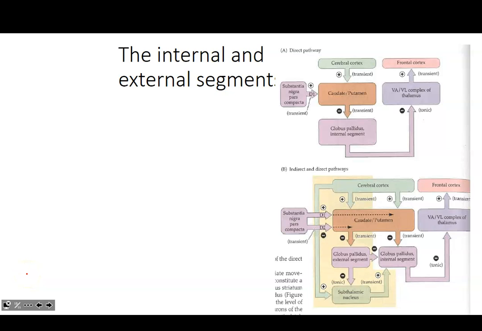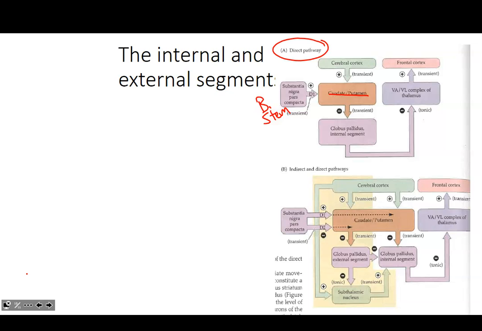Taken together, everything that we just talked about makes up the direct pathway, right? So we've got two different inputs to the striatum here. There's the cortex and the pars compacta. So this is a brainstem, so the cell bodies are in the brainstem and their axons project to the caudate and the putamen.